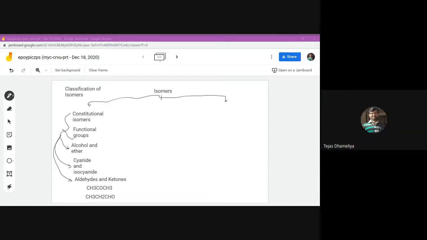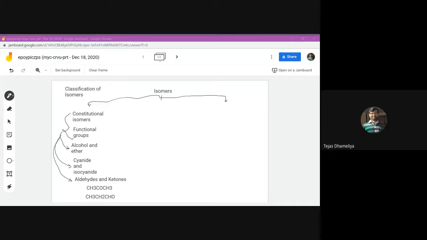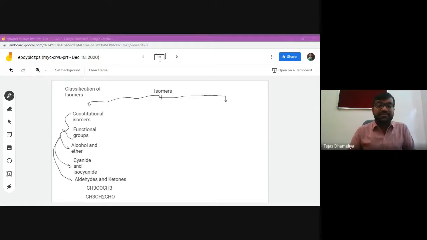We have seen all these kinds of properties in the molecules, so molecules can have different properties depending on their functional groups, and we can claim these molecules as constitutional isomers, functional group isomers.